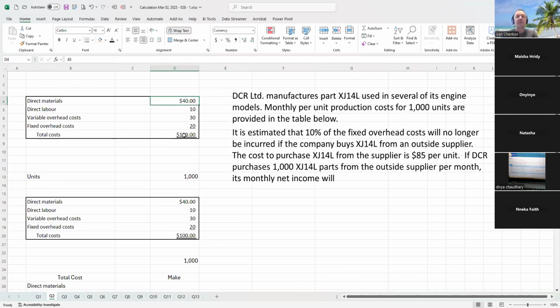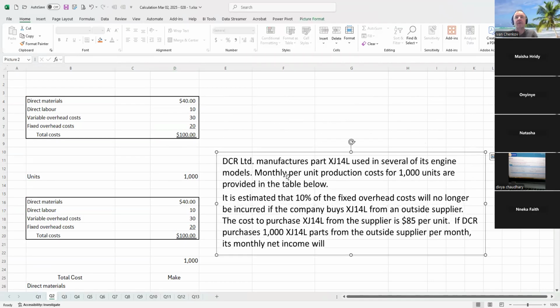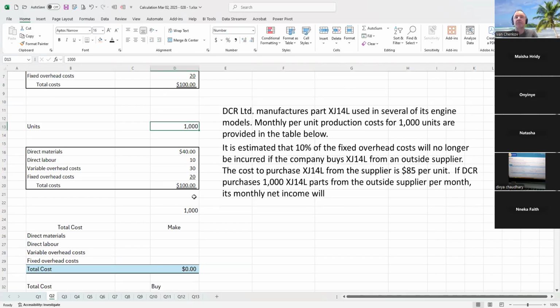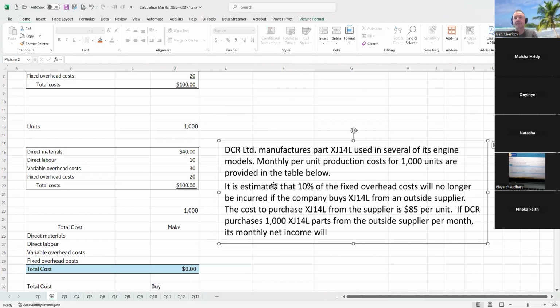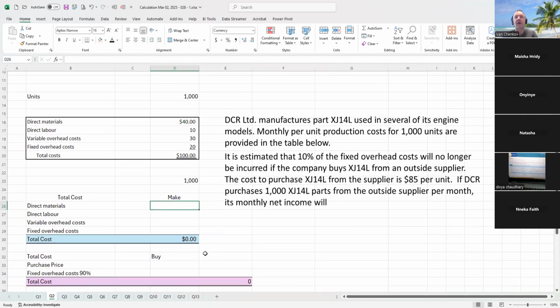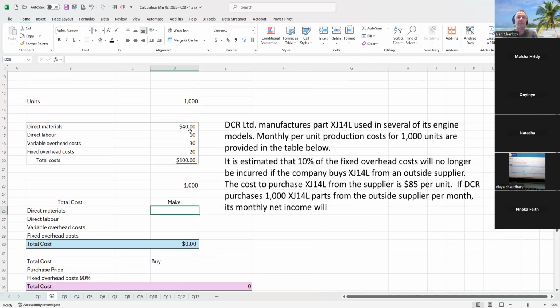So we have the direct material, direct labor, the variable overhead, and the fixed overhead. Correct? And we have to make a decision. Should I make those 1,000 units, or should I buy them? Now, what's going to happen if I make them? How much is it going to cost me? Obviously, $40 per unit, but how much in total?